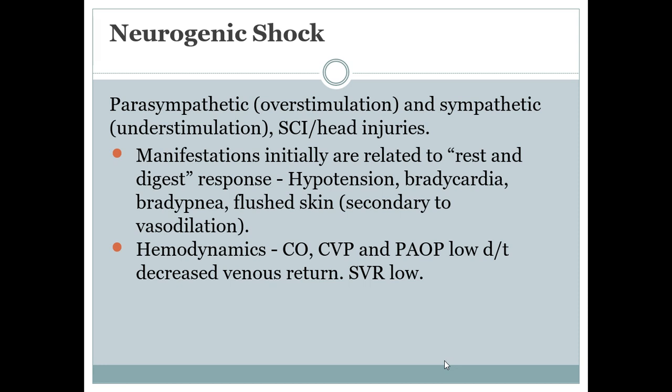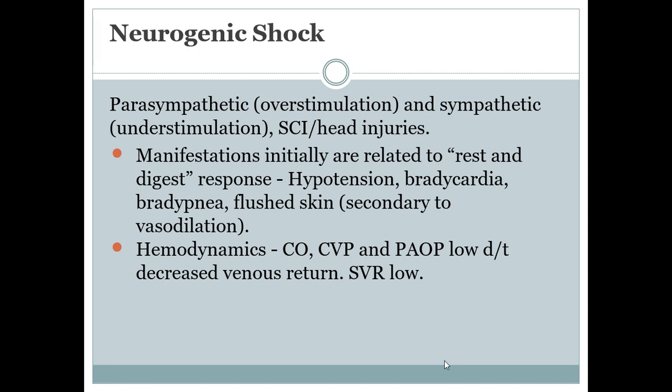Remember, distributive shock is either neurogenic, septic, or anaphylactic. Neurogenic shock is caused by a disruption of the sympathetic nervous system, typically as a result of a spinal cord injury. It could even be a regional spinal anesthesia or an injury to the brain. So it can be parasympathetic overstimulation, or sympathetic understimulation. Consider your spinal cord injuries, traumatic brain injuries, and head injuries.